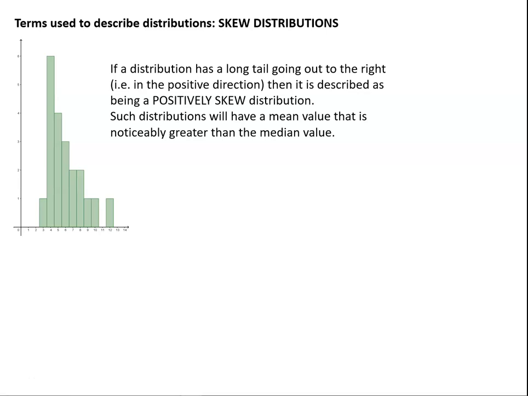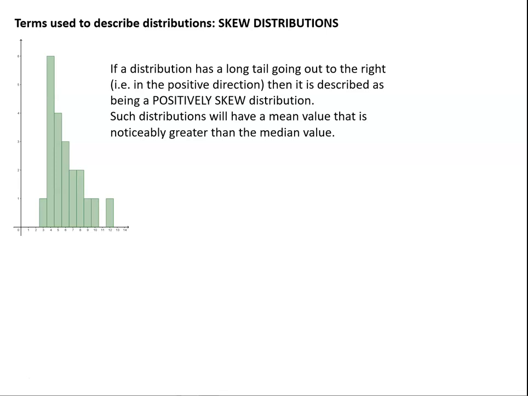When we have a positively skew distribution, then the few values that we've got which are much bigger than the other values will have the effect of tending to distort the mean upwards. And that means that the mean will be larger than the median.